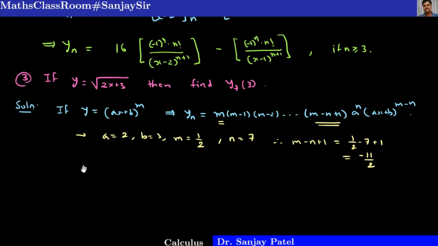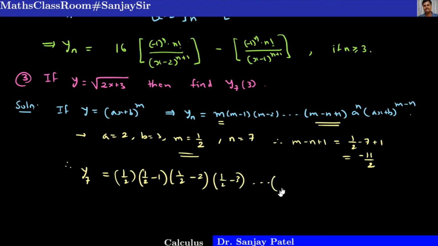So putting all the values here, what we get is y7 at any point is equal to, putting m equal to 1 by 2 in this formula, 1 by 2 into 1 by 2 minus 1, then 1 by 2 minus 2, and 1 by 2 minus 3, and we have to go up to what?